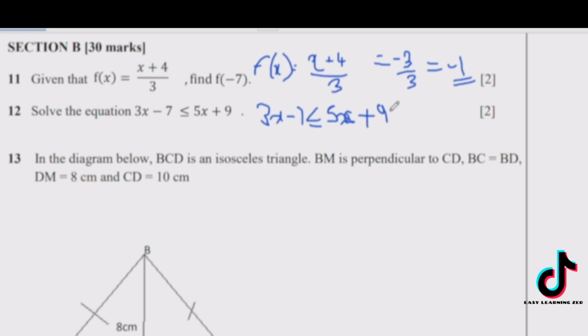Now we are going to put like terms together.